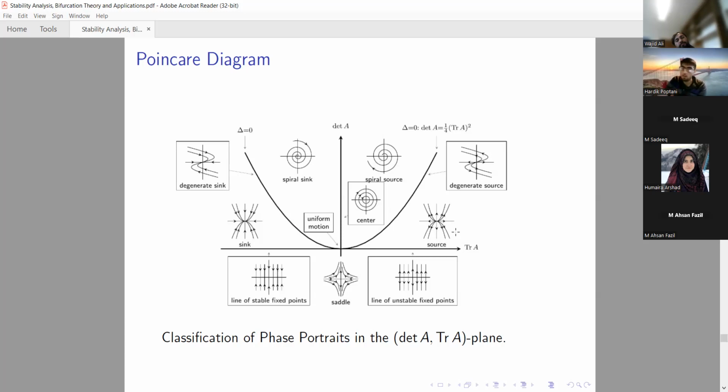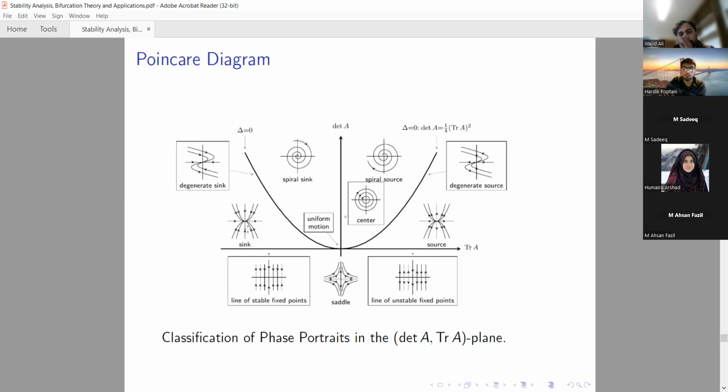Real eigenvalues, therefore it is just trace, but then both lambdas are positive, therefore unstable. This is a center when, of course, the trace is equal to 0. This is obviously the line where discriminant is equal to 0. And anything below, which would obviously mean one eigenvalue negative, the other positive, anything below this line is just a saddle. Line of stable and line of unstable.